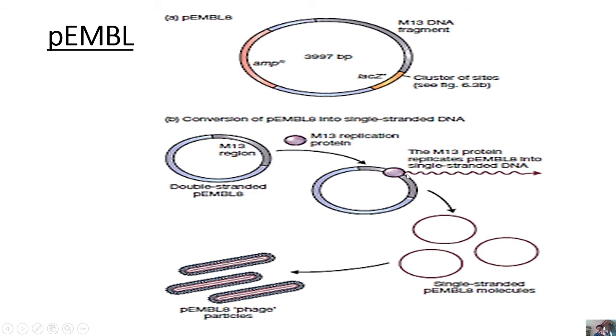So replication starts from here and forms single stranded DNA from this double stranded replicative form. And this single stranded form can be packaged into the capsid protein, so it forms pMBL phage particles or phage virions.